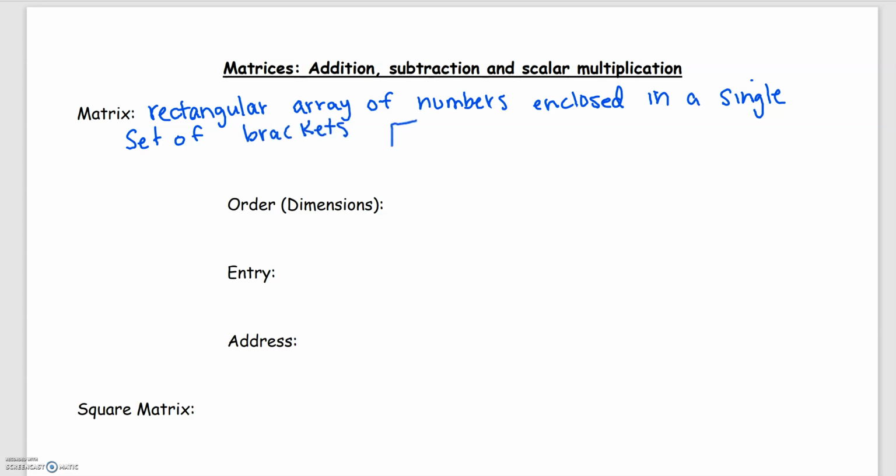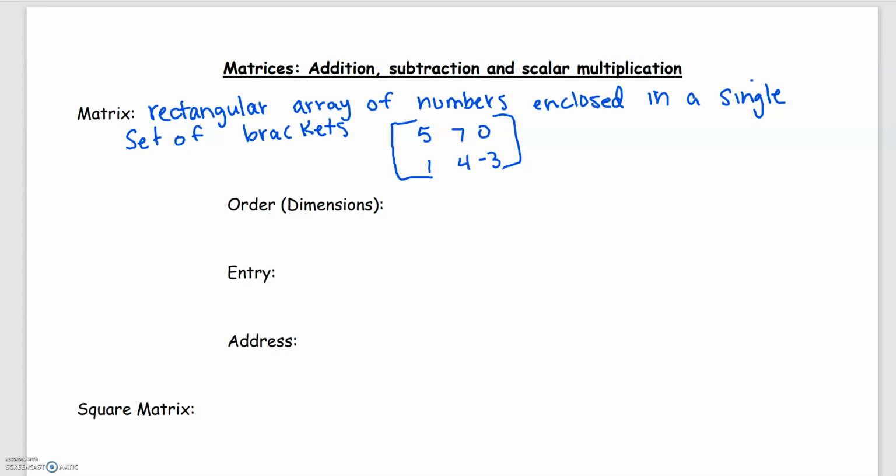So, for example, 5, 7, 0, 1, 4, -3. So we have columns and we have rows. Excel is kind of an example of a matrix too, with the rows and columns.